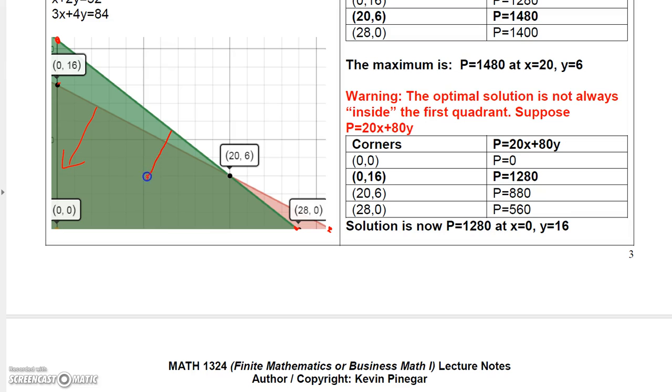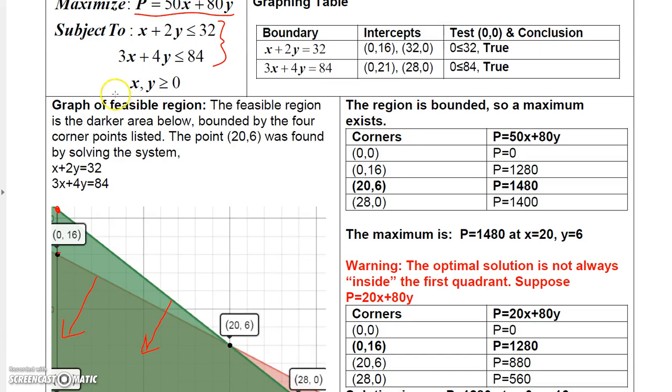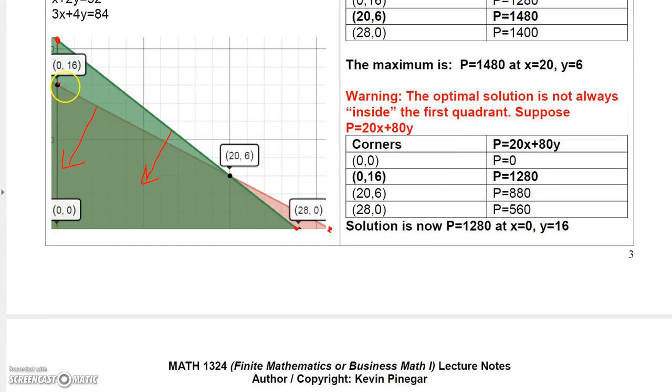So if you take the overlap between everything below this line and everything below this line and stay in the first quadrant, because x and y have to be greater than or equal to 0, then basically you're going to be bounded. This is not perfectly straight, but I think you'll get the picture.